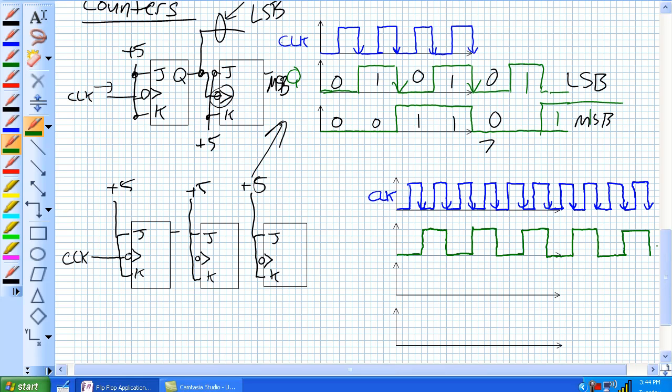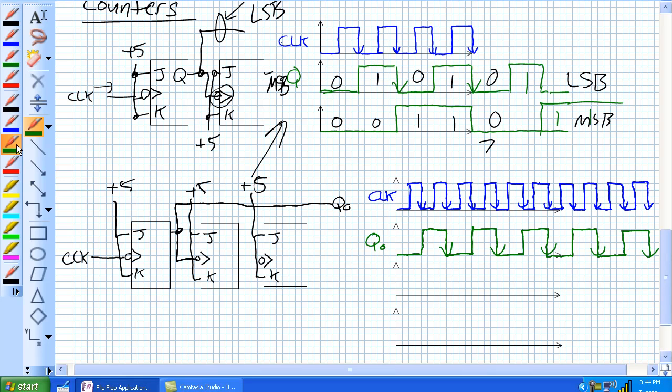Well, take that signal and put that right there. And that's Q0. So now Q0 is being fed into the input of the second stage JK flip-flop with a negative edge detection, where its negative edge is right there.